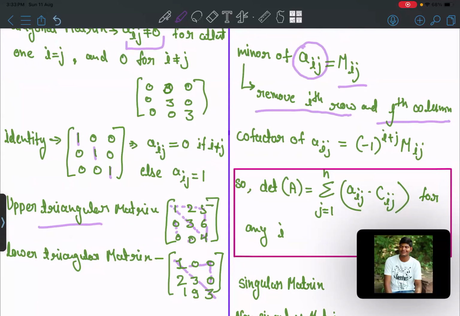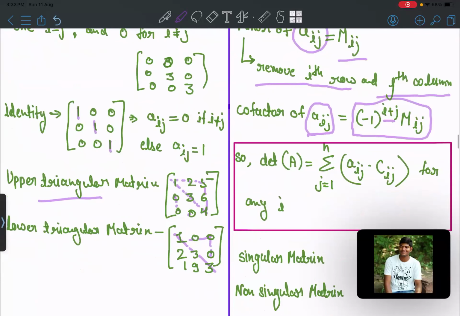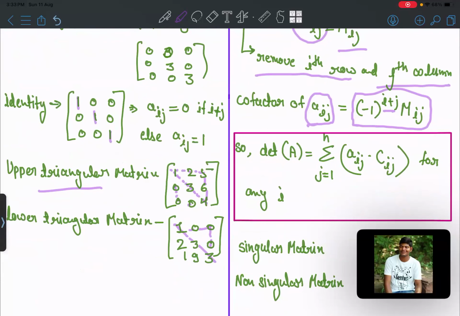And if I multiply this by -1 to the power i plus j, that gives me the cofactor of element Aij. So the cofactor is equal to -1 to the power i plus j multiplied by the minor of the Aij-th element.